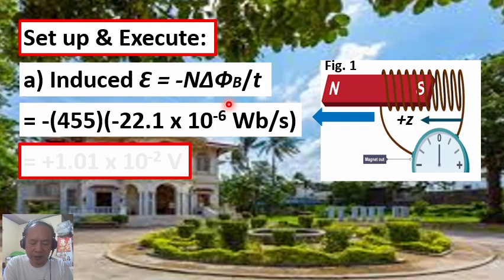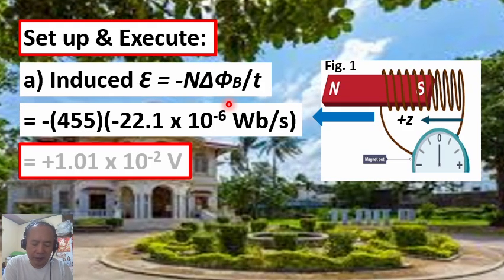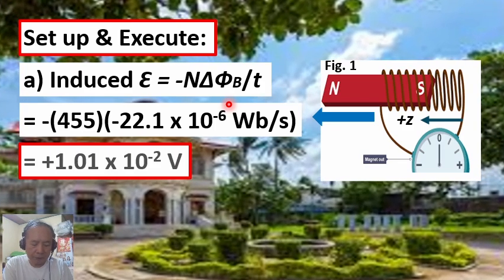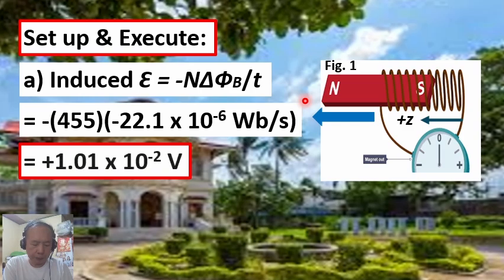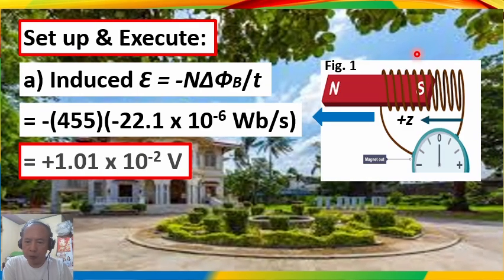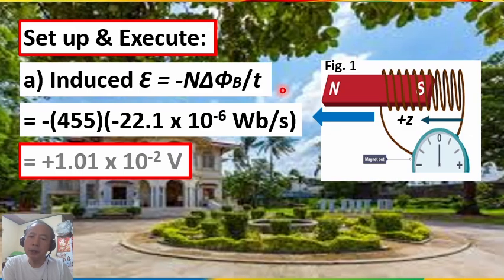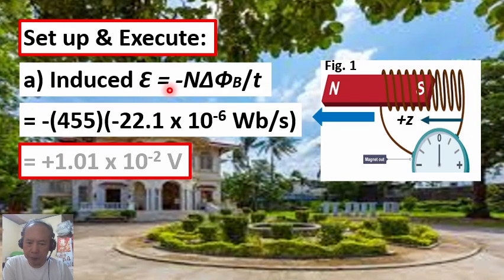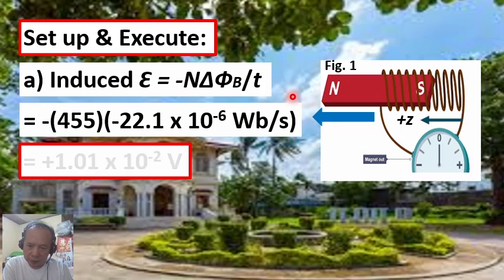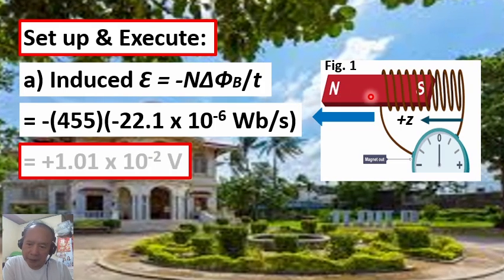So in this case, the change is the decrease in the magnetic flux of the bar magnet's field through the loop. The word oppose is being highlighted by putting a negative sign. This is what is meant by that.